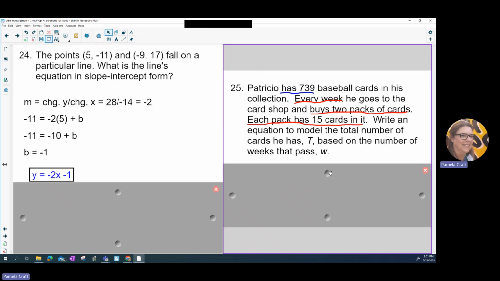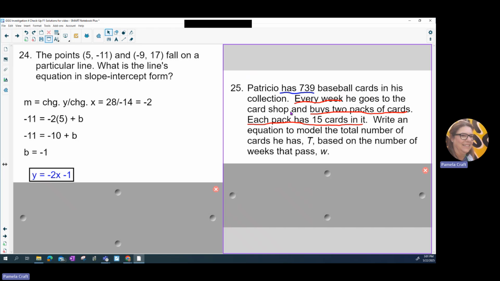In 25, they give me a little situation. Patricio has 739 baseball cards. If they already have them, that is my starting value or my y-intercept. So that's going to be the b in your equation, 739. He has 739 baseball cards in his collection.